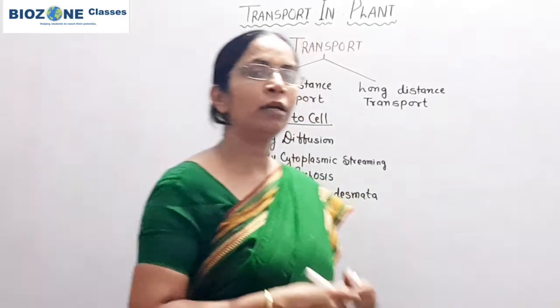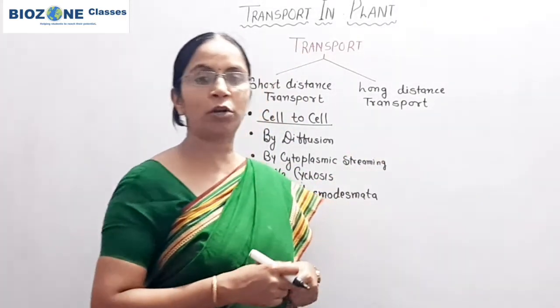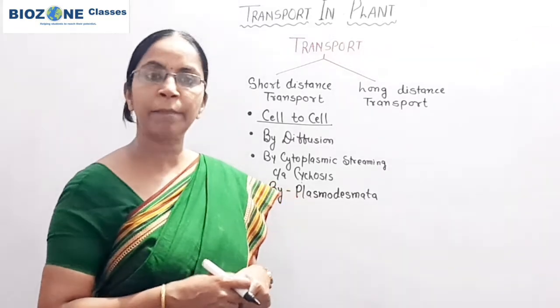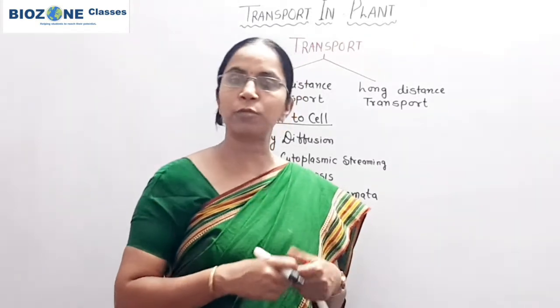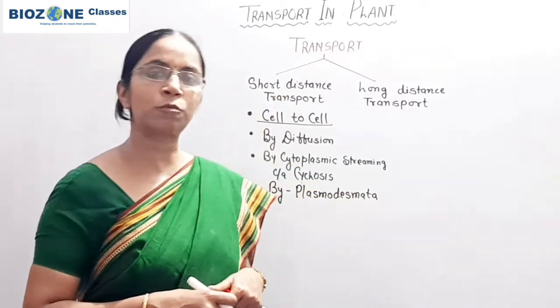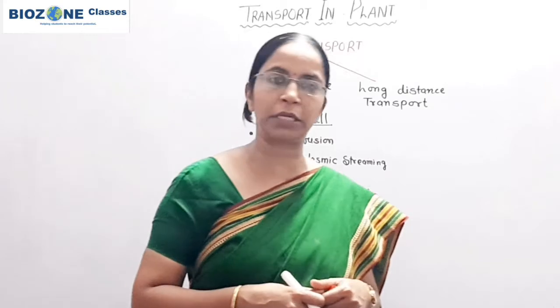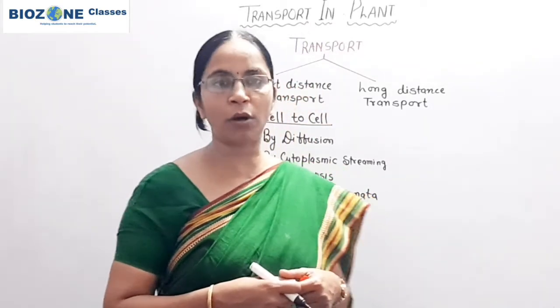But when we come to long distance transport, that is the transport which takes place by xylem and by phloem. Xylem is responsible for root to shoot transport, and phloem is responsible for bidirectional transport, and this transport takes place over a very long distance.